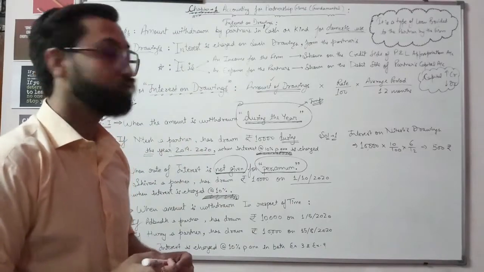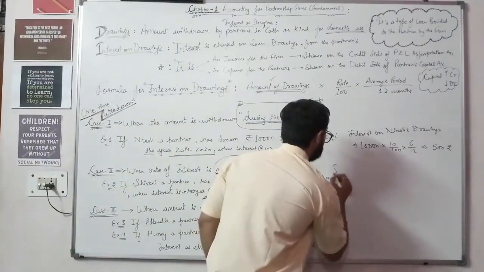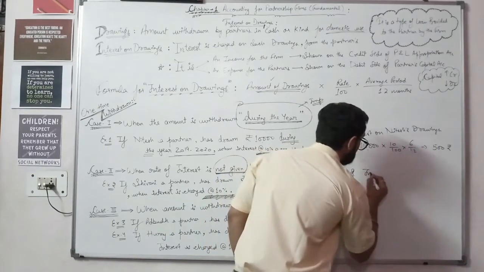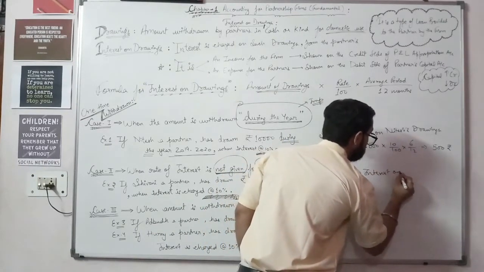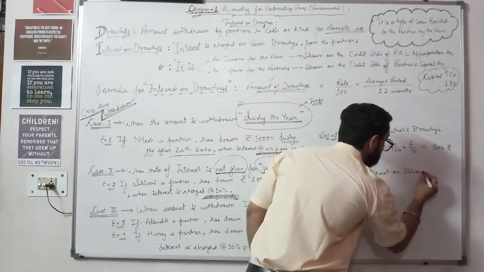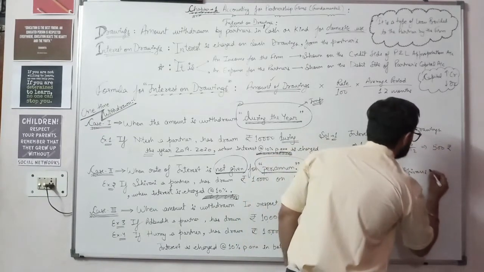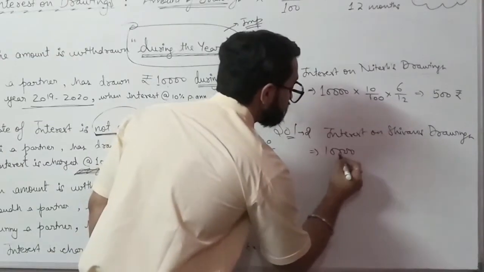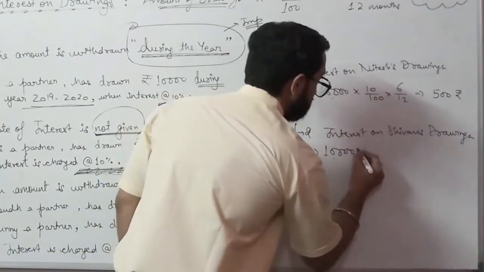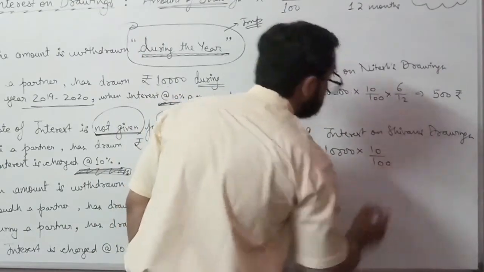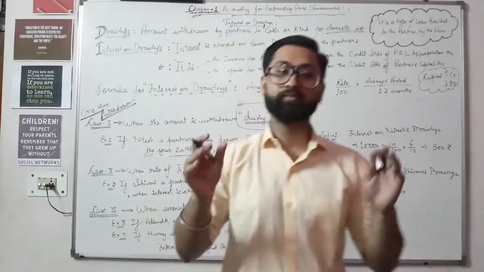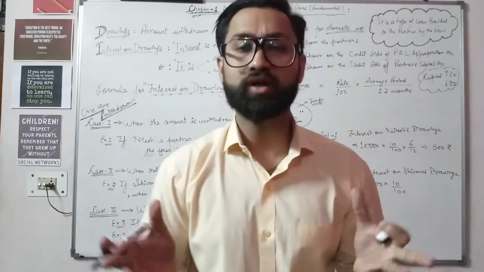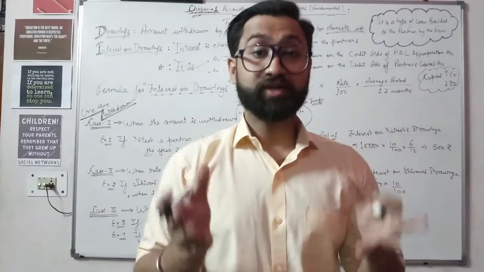Now what to do? In this case, solution second: interest on Shivani's drawings. The amount of drawings is 10,000. Rate is again 10%, but not per annum. If per annum is not given in the question, it means you don't have to bother about the time period.